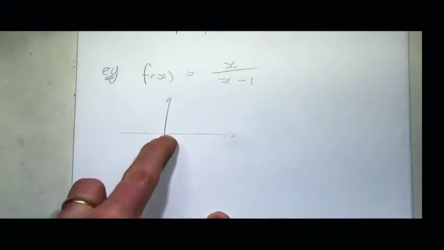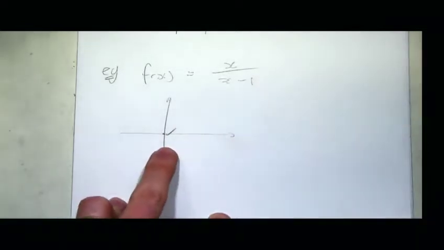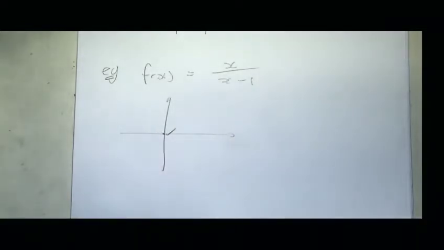Can it be positive? Sure, if x is a big number, it'll be positive. Can it be negative? Yep. If x is like a really small number, like a half, it'll be negative. So yes, it can be negative.